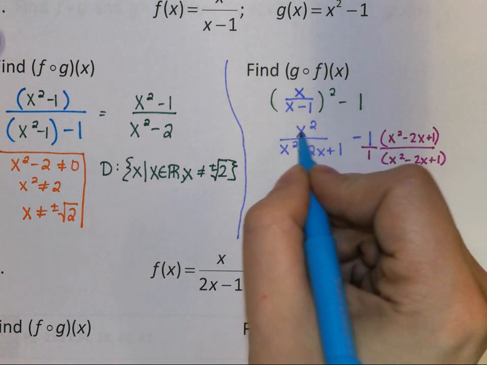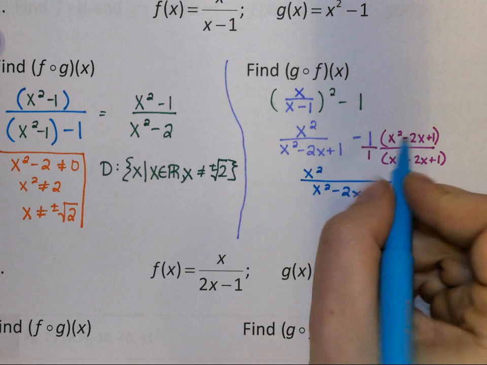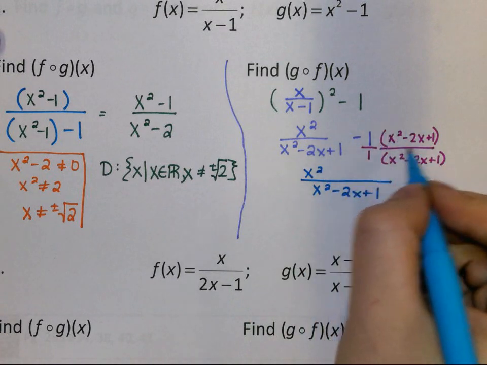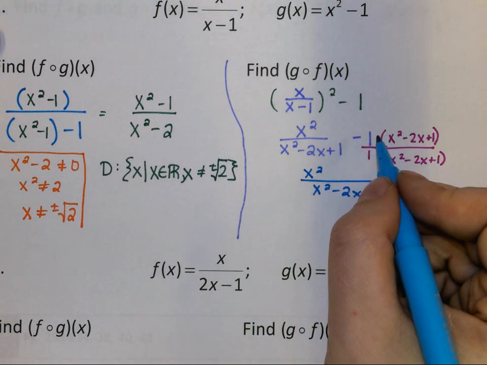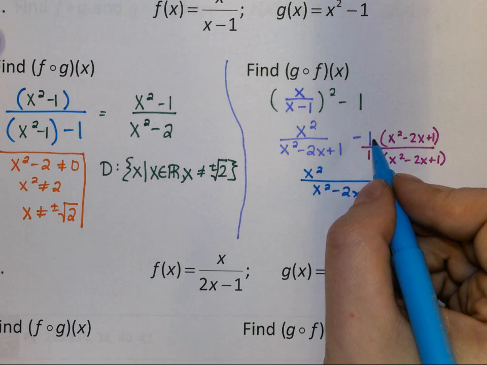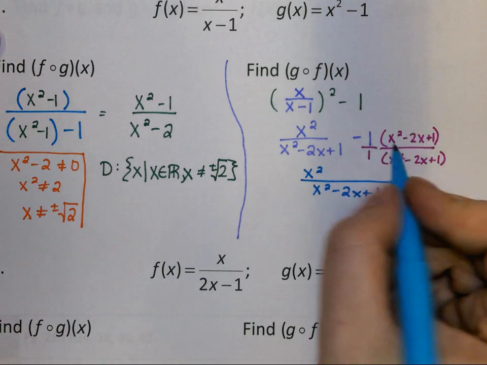In the numerator, I have that first x squared. But be careful. Distribute a negative. So what is this going to give you?